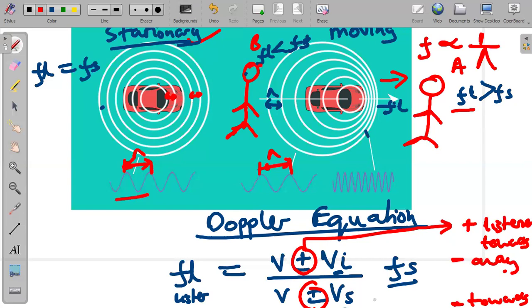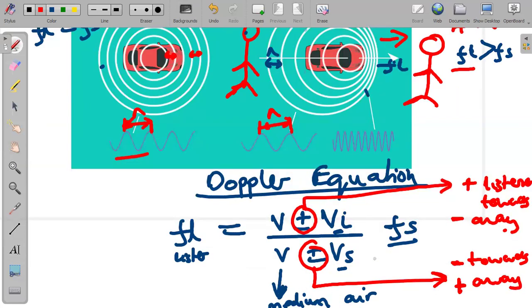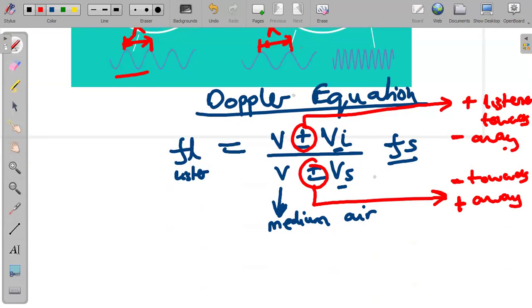However, the frequency of the listener shall be smaller than the frequency of the source when the source is moving away from the listener, right? So for us to get a greater frequency, the numerator has to be bigger, V plus VL. It has to be bigger.